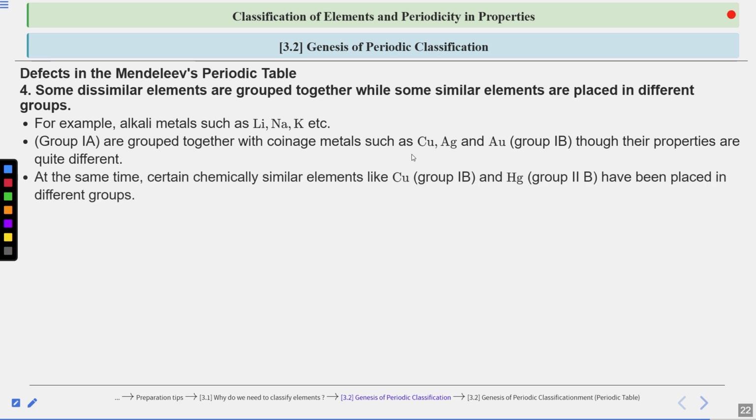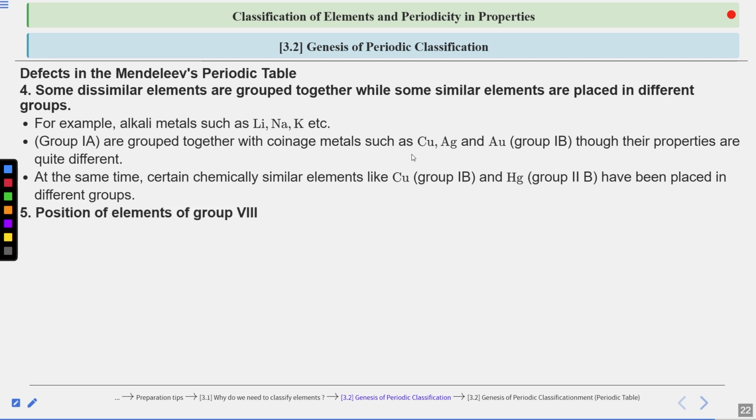At the same time, certain chemically similar elements like copper and mercury have been placed in different groups. So two things are there. First of all, copper and mercury have similar properties, but they are placed in different groups, written as 1B and 2B. But the elements such as lithium, sodium, and potassium, and the group copper, silver, and gold, are placed in the same group, like 1A and 1B. So this was the difficulty with the Mendeleev periodic table.